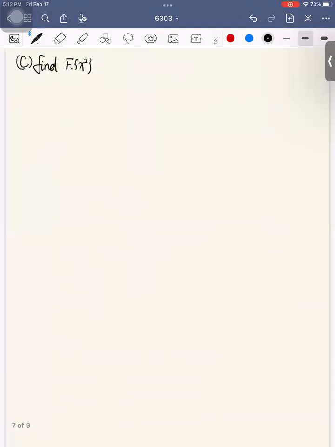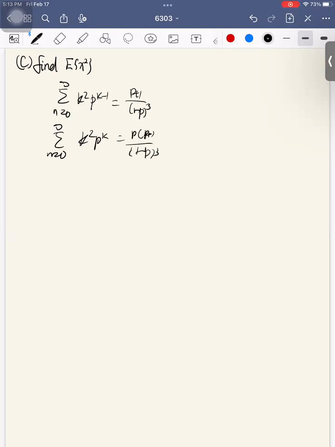And now let's look at question C, which asks to find E[X squared]. It is the same approach as the last question. So we have this equation right here, and multiply p on both sides again. And then we will take the derivative on both sides.